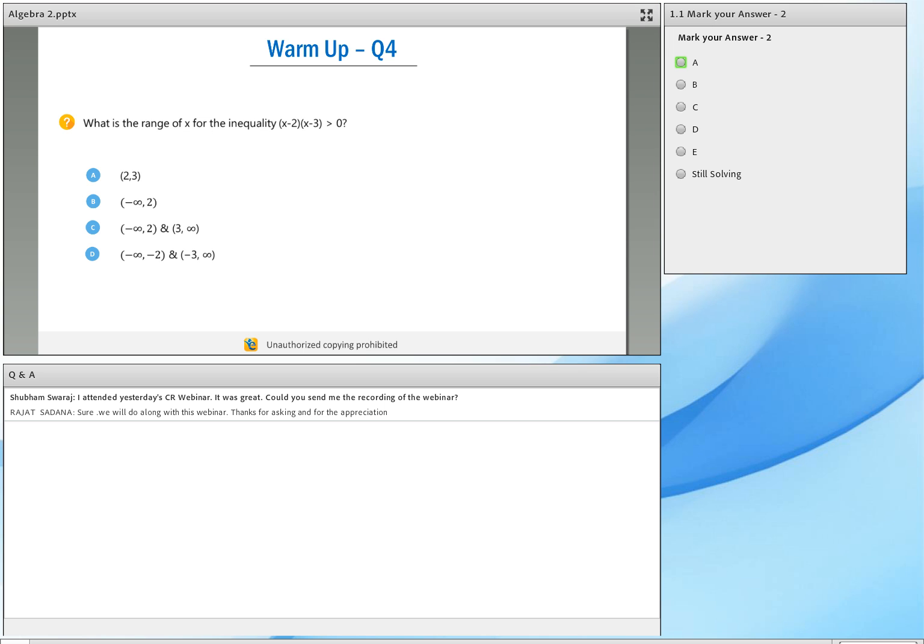And the question asks, what's the range of x for which this inequality is satisfied?